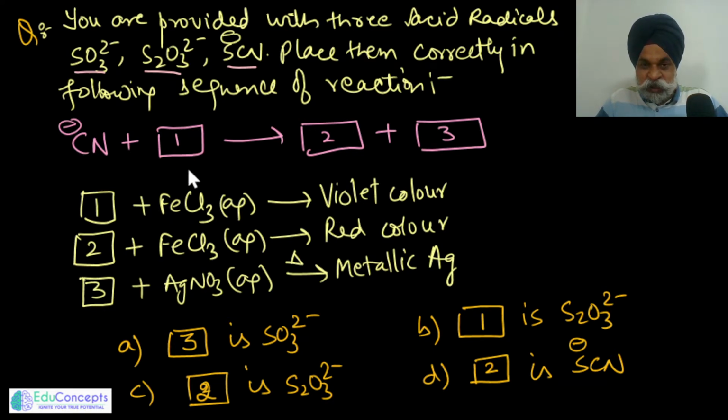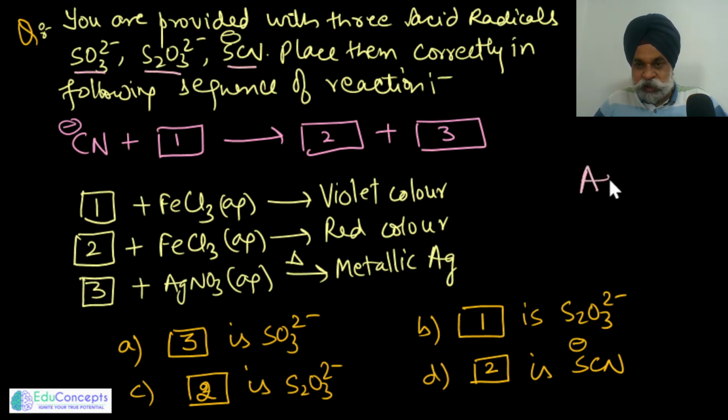And they are referring here that 1 when treated with ferric chloride gives violet color, 2 when treated with ferric chloride gives red color, and 3 on reaction with silver nitrate and on heating gives you metallic silver. So metallic silver type of a thing we just have done a few minutes back, because obviously we would have the options of sulfite.